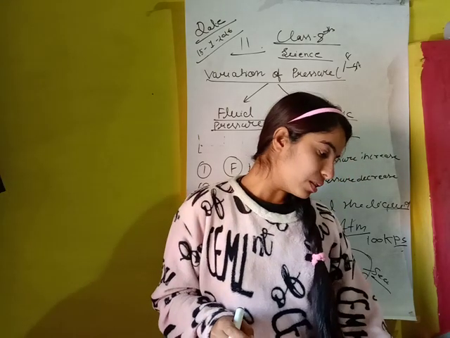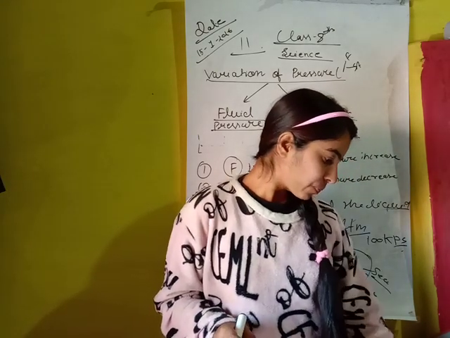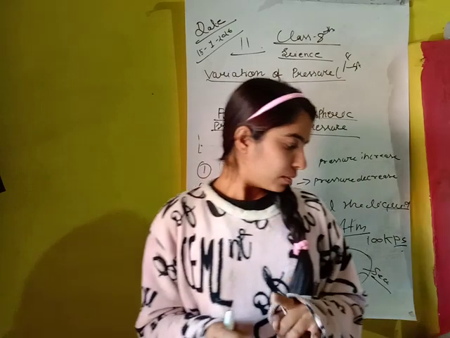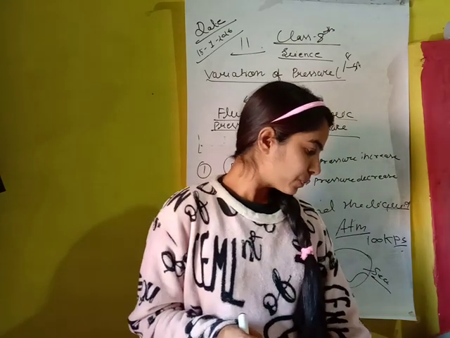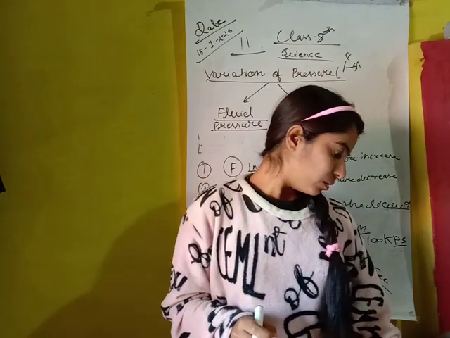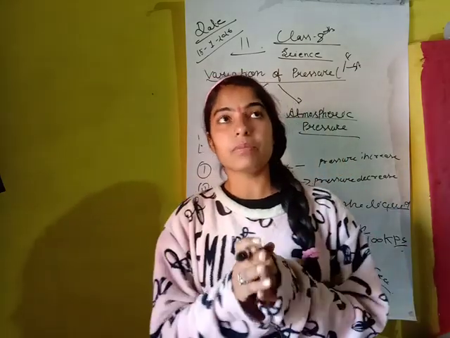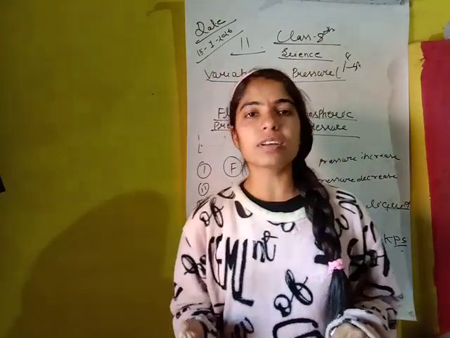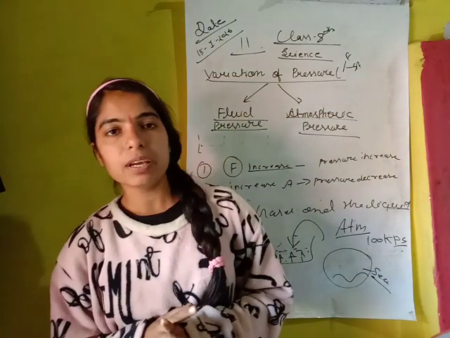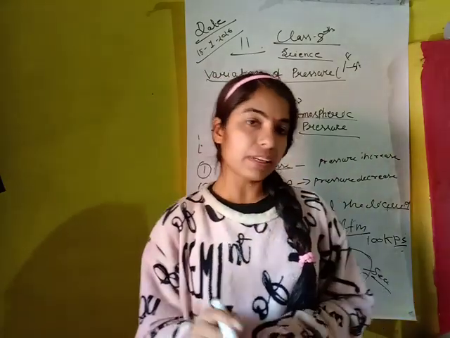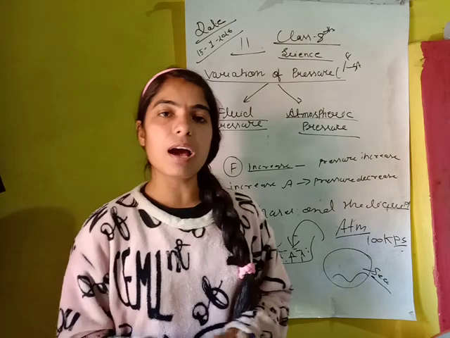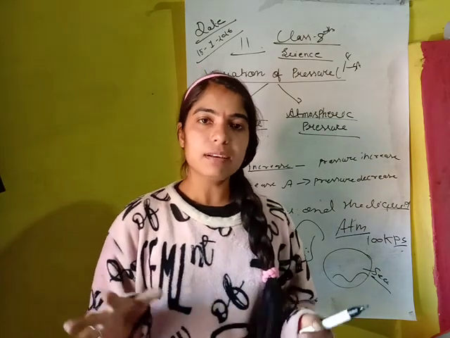So the atmospheric pressure and our body's pressure are both balanced. That's why we can live in the air, in the full atmosphere, and we cannot see the air.